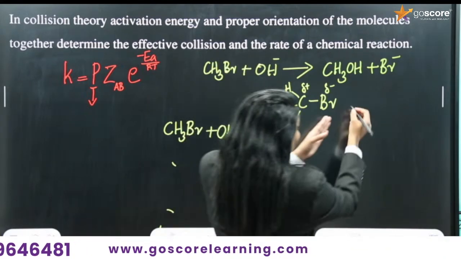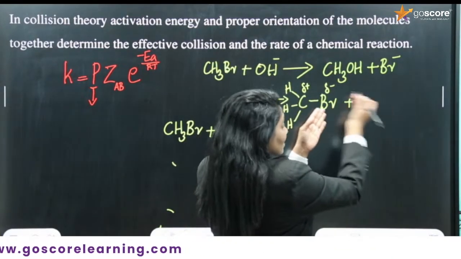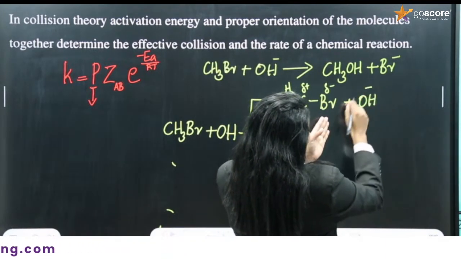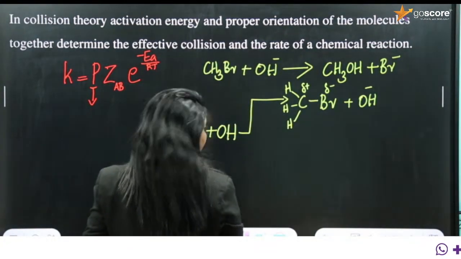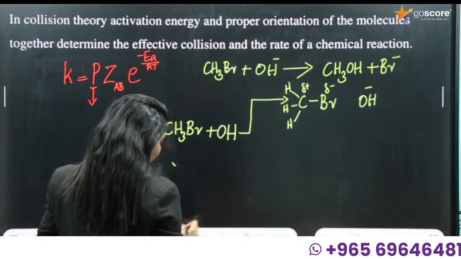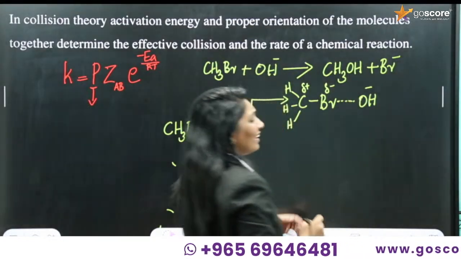If the OH minus is coming in this direction, in this orientation, what will happen? If it is forming a small bond here, will there be a bond formation?